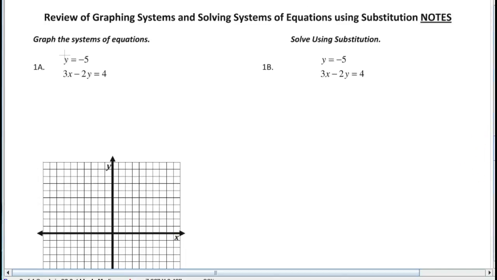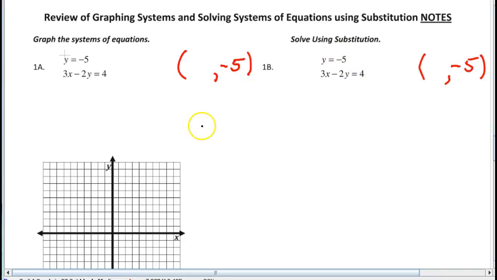Okay? Alright, so let's start off with this, that I already know half the answer on both of these. Why is that? What answer do I know, X or Y? Y. Y equals? Negative 5, yeah. So it's nice when they actually give you part of the answer.